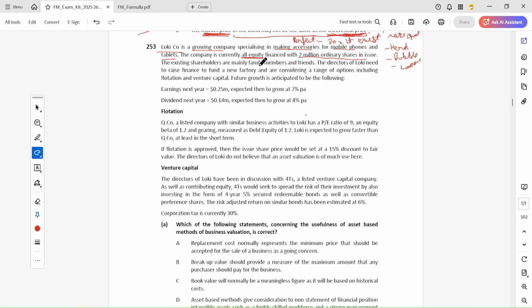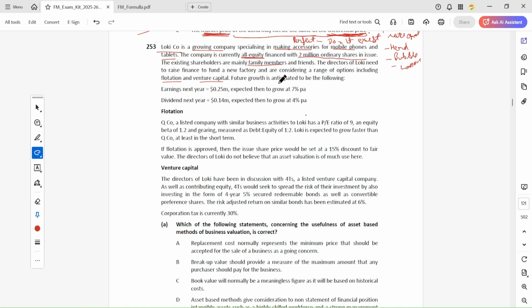The existing shareholders are mainly family members and friends. The directors of Loki need to raise finance to fund a new factory and are considering a range of options including flotation and venture capital.